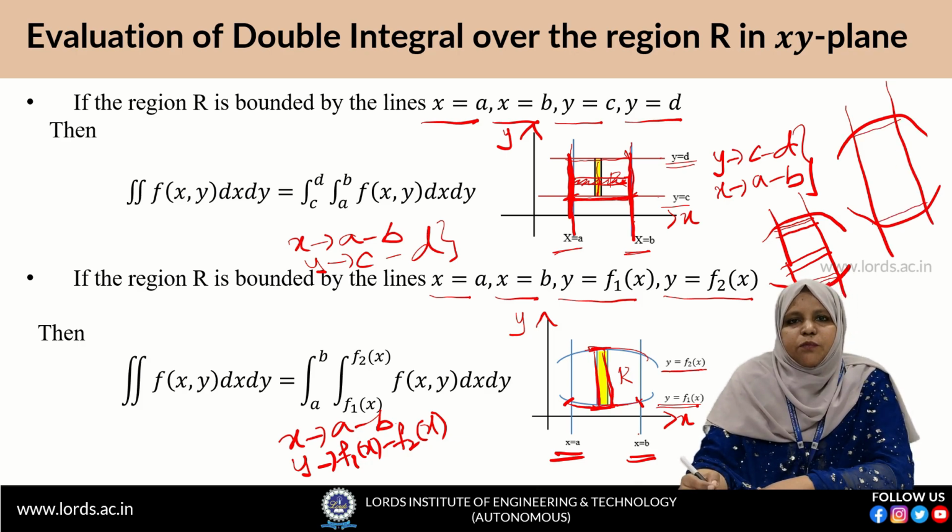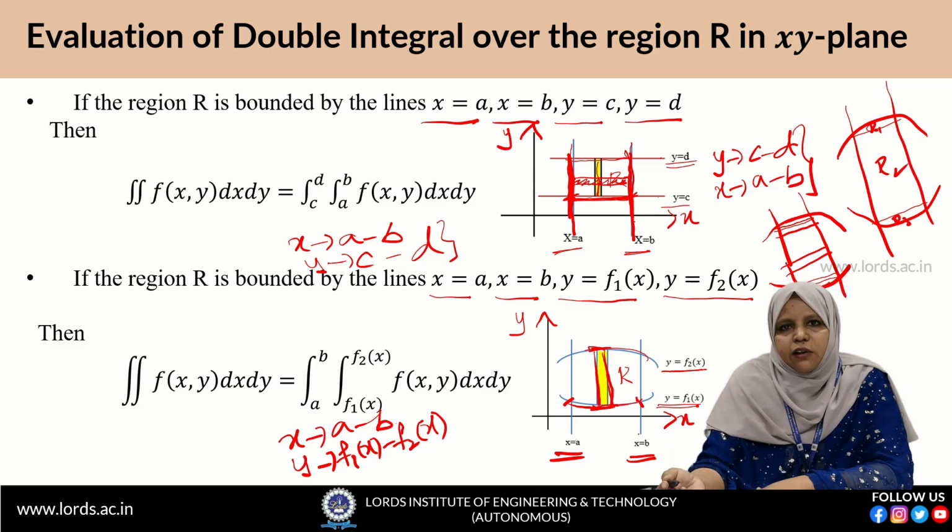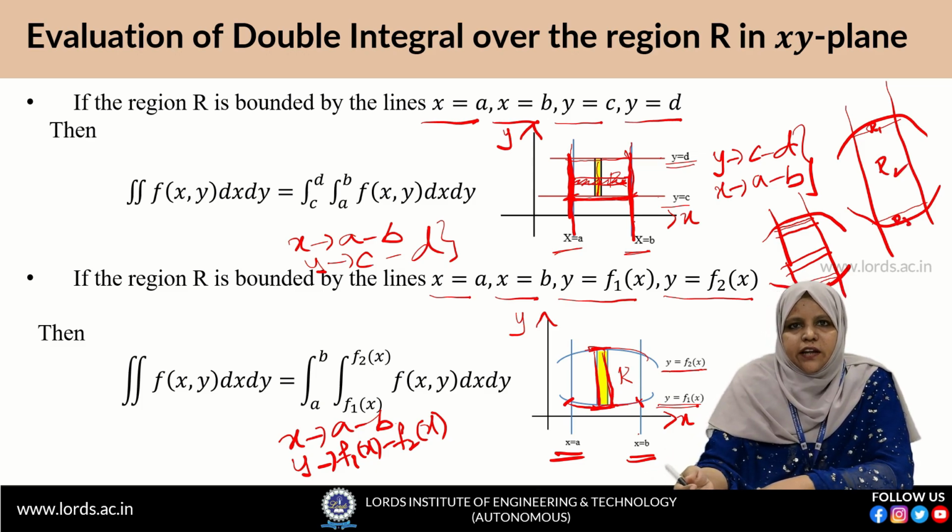As we have seen in the properties of a double integral, the region can be divided into a number of parts and evaluated. Here also, if you want to consider a horizontal strip, you can divide the region into three parts, R1, R2 and R3, and evaluate it. It will be a hectic process.